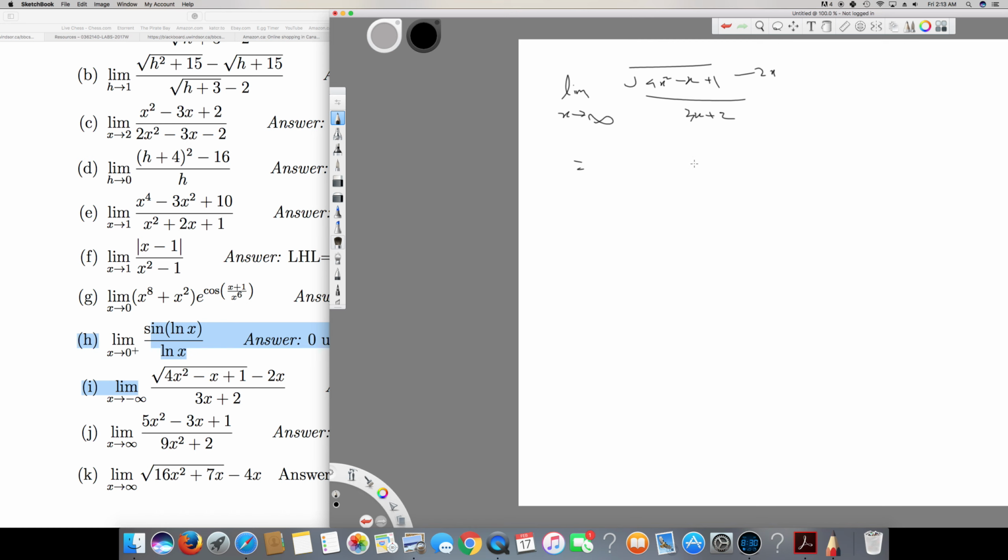Within the square root, the highest power is x squared, so I have to divide by x squared, because the square root of x squared is x. Therefore within the square root I divide by x squared, and the answer of the square root is going to be negative because it's approaching negative infinity.